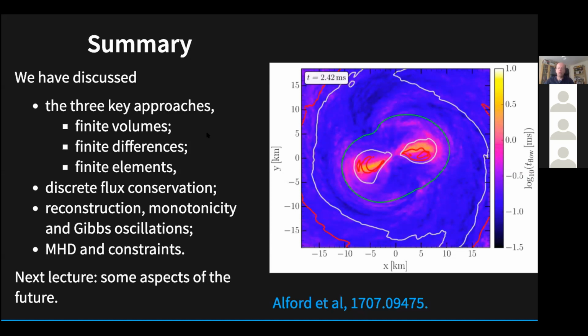Examples of this would be Harold Dimmelmeyer's work about 10, 15 years ago on simulations of core collapse supernovae. He was using a very different method for updating the space-time, but he explicitly had different time steps for space-time and for matter. So these sort of variable rate calculations or variable rate time integrators can be used.